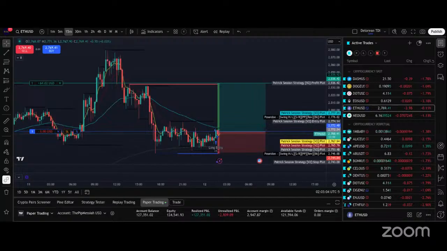Let me grab the parameters for this. All right, that's going to be the first trade of the night.